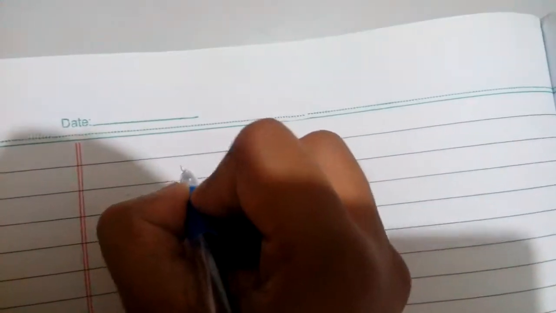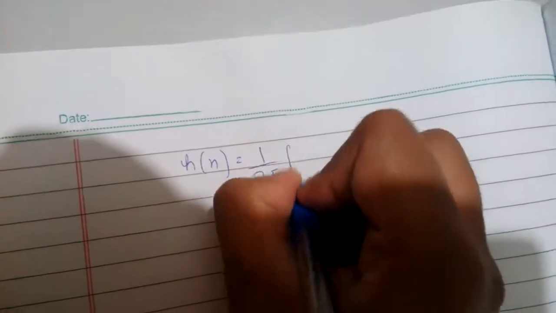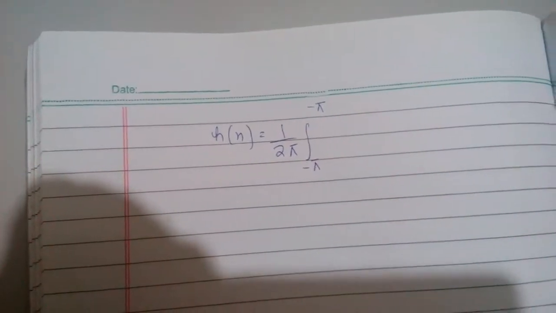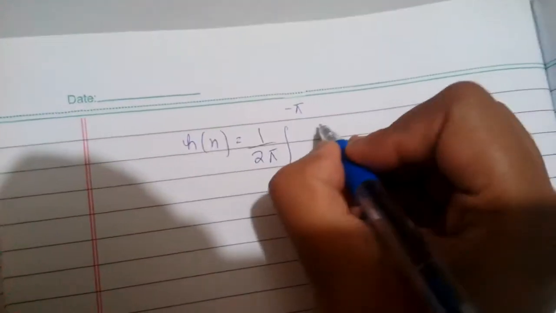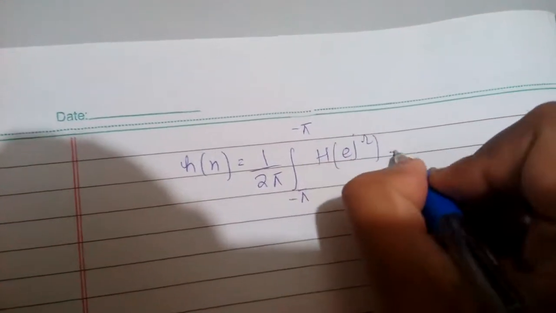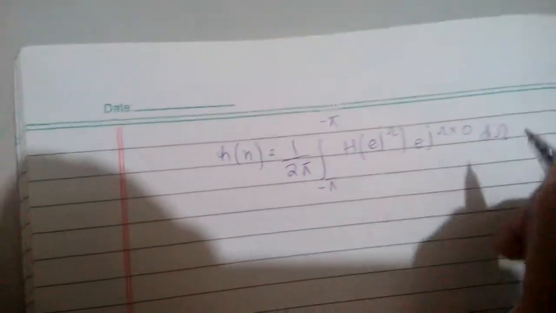For n equal to 0, h of n is equal to 1 over 2 pi, integral from minus pi to pi. As we know that in the digital domain the maximum frequency is pi, so h of e raised to power j omega into e raised to power j omega multiplied by 0 d omega gives 1.